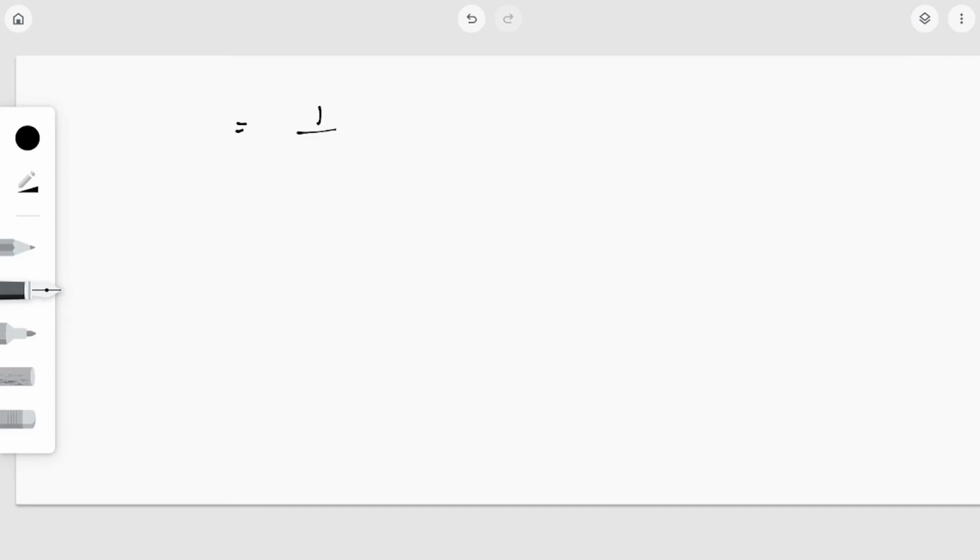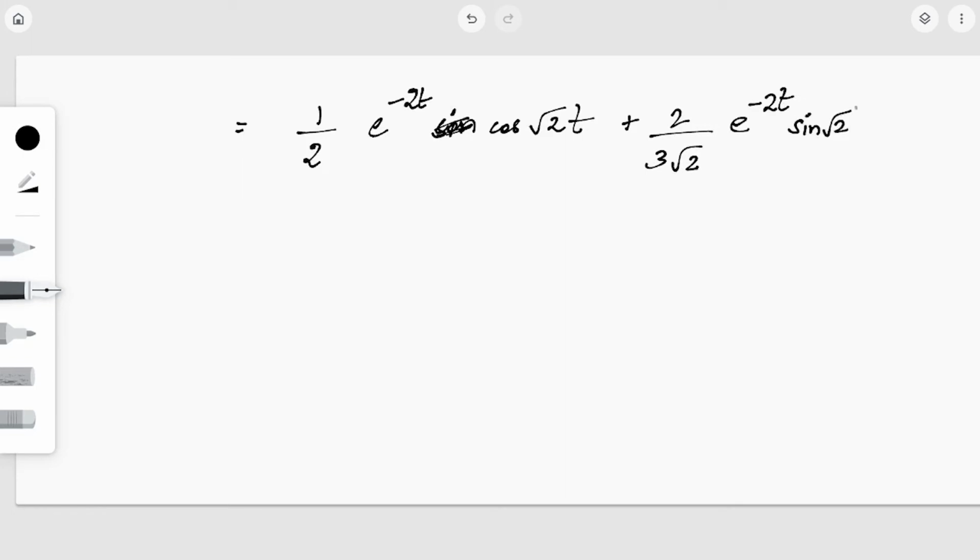So the value would be 1 by 2 into, and we have a shifting over there by a equal to minus 2, so e raised to minus 2t into cos of root 2t plus 2 by 3 root 2, again there's a translation, e raised to minus 2t into sine of root 2t.